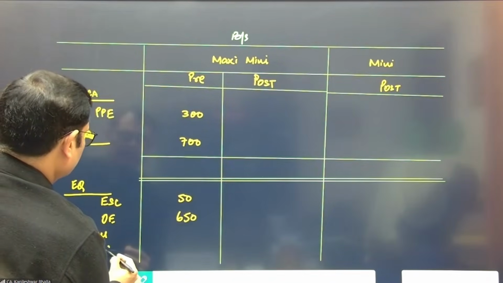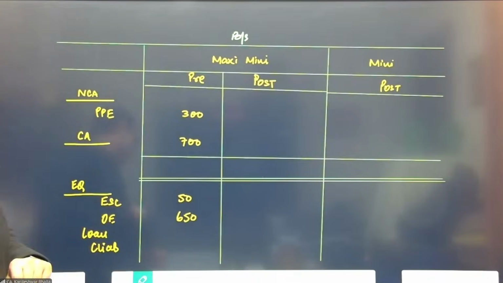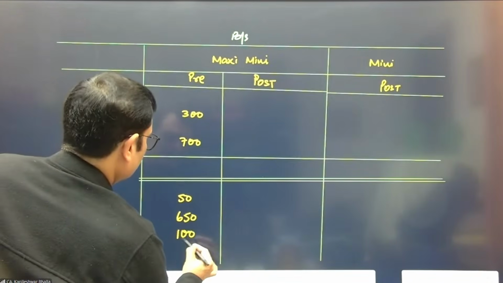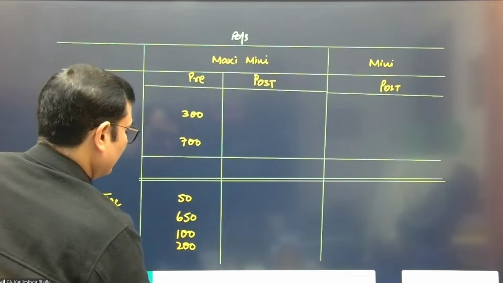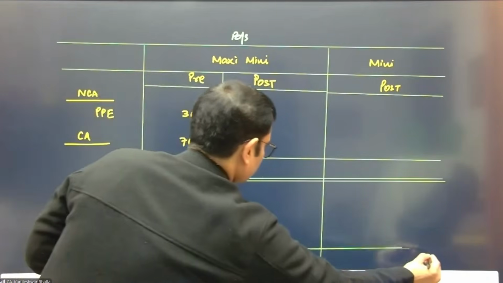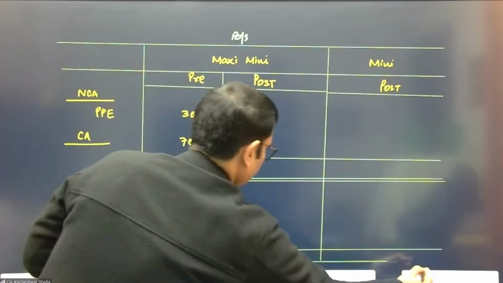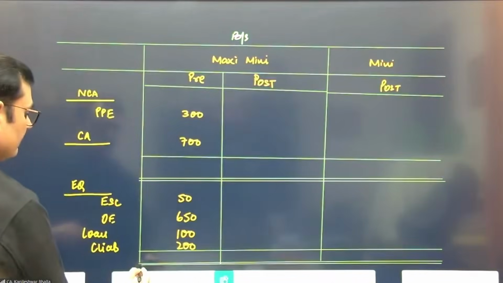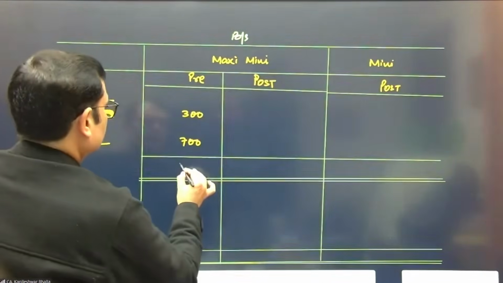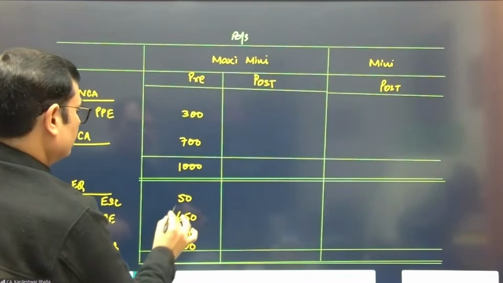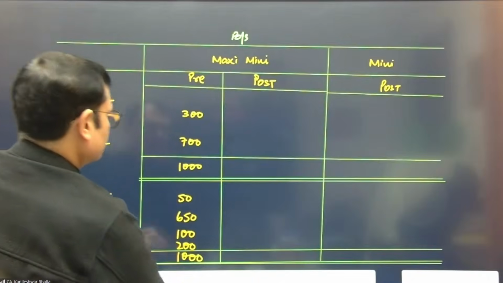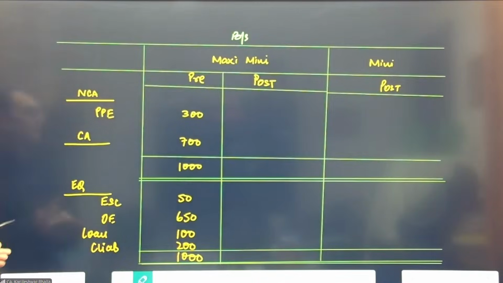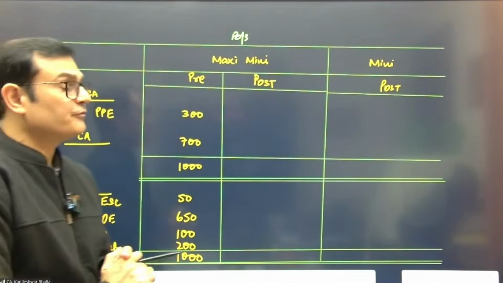Then there is a current liability. The loan is appearing at 100 and the current liability is appearing at 200. This is the balance sheet copied as it is. So this works out at 1,000 and this is also 1,000. This is the existing balance sheet of Maximini picked up from the question itself.